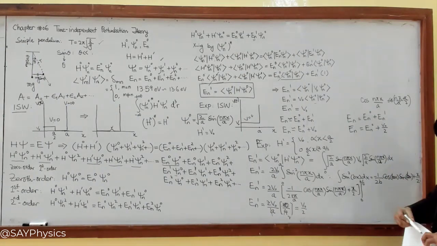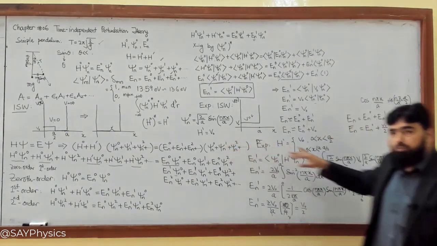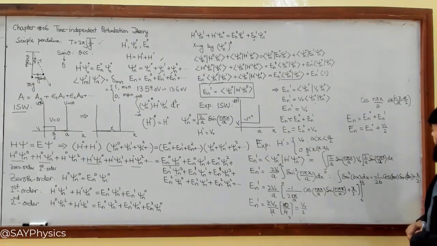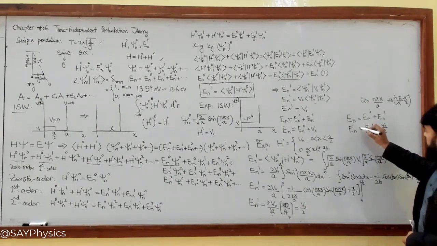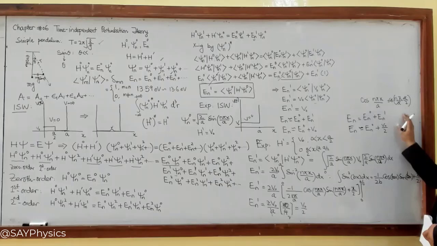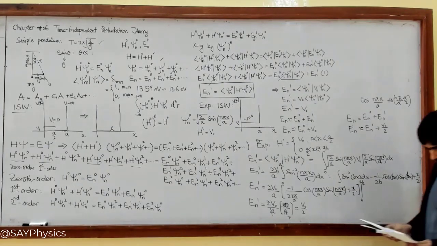This was the perturbation which was produced in it, and we have derived that it caused a change in the energy. Clear? Keep in mind that this is always an approximate sample because there may be other terms. So we are only finding up to this one. Other correction terms do exist.